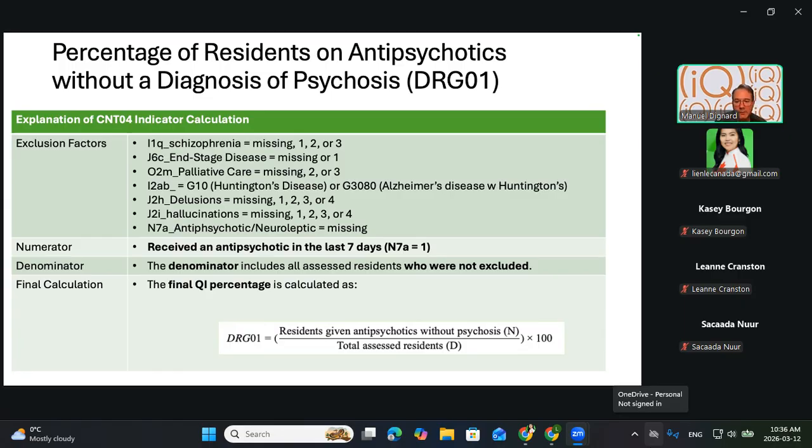So we monitor progress towards reducing inappropriate antipsychotic use, which is also a focus of that provincial accountability and public reporting. So it's about promoting non-pharmacological approaches first, especially for managing responsive behaviors, making sure that medications are only used when clinically appropriate and well documented.